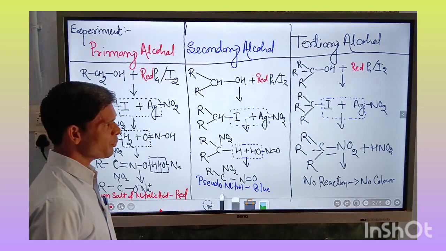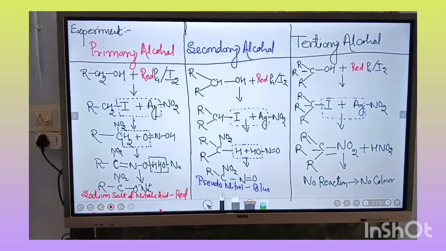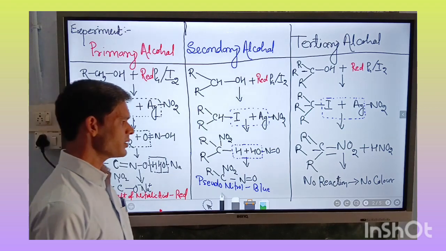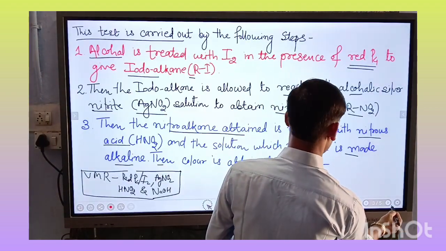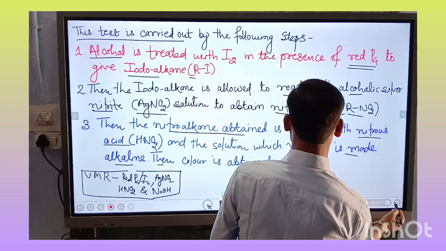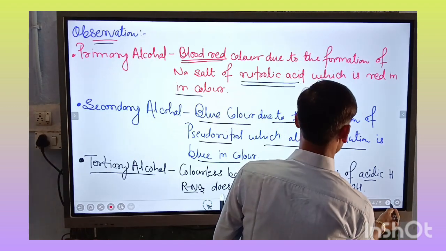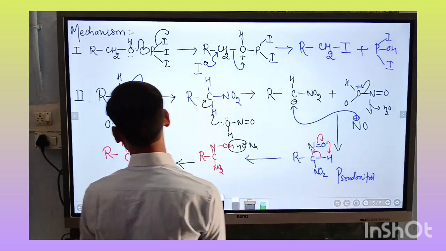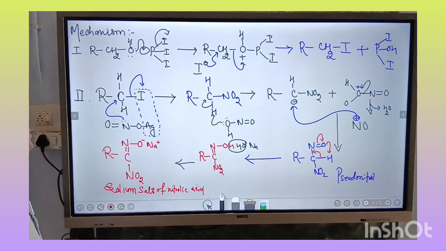Now let us see how the mechanism of the reaction takes place. The mechanism of this reaction proceeds via SN2 mechanism.